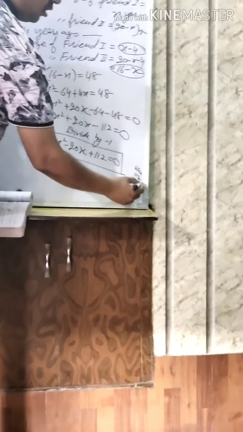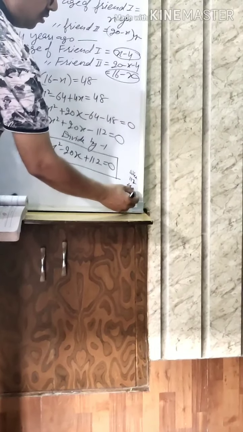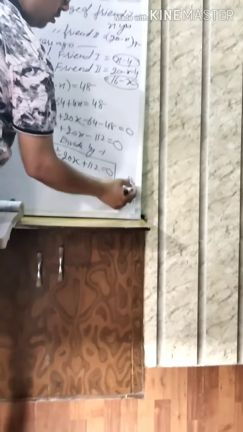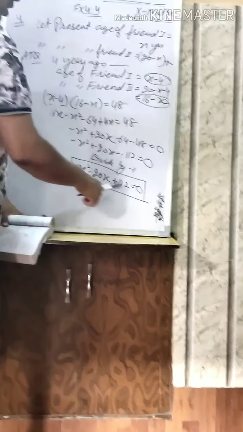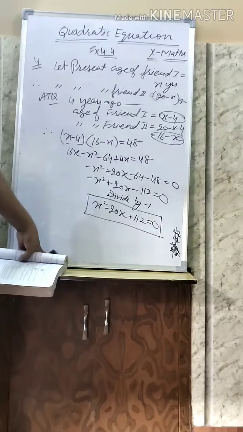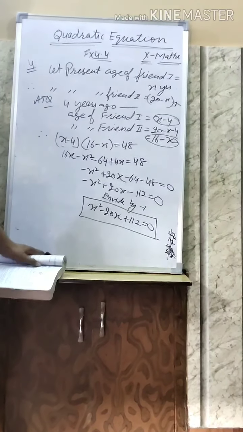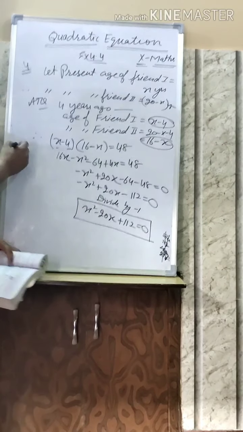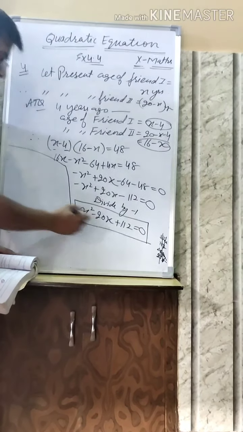Again you can check whether it is correct or not. You see whether it is coming or not. I think by the factorization method it is impossible to make the factors. Clear this? If by factorization it is impossible, then next is by the D method, and by the D method you check.